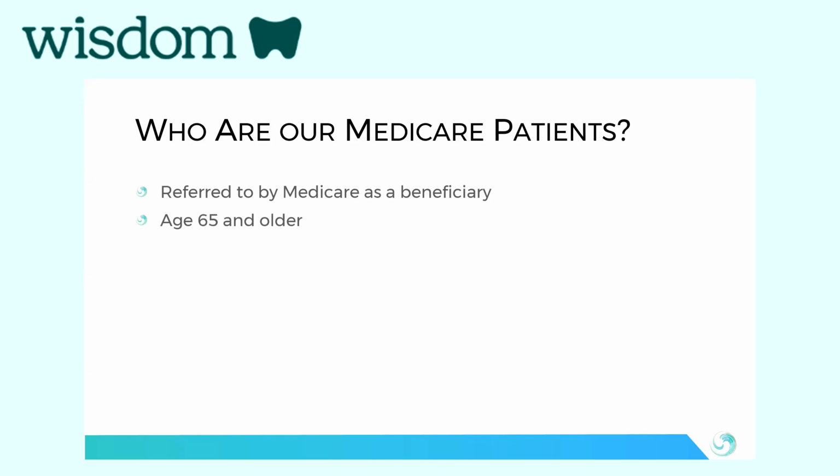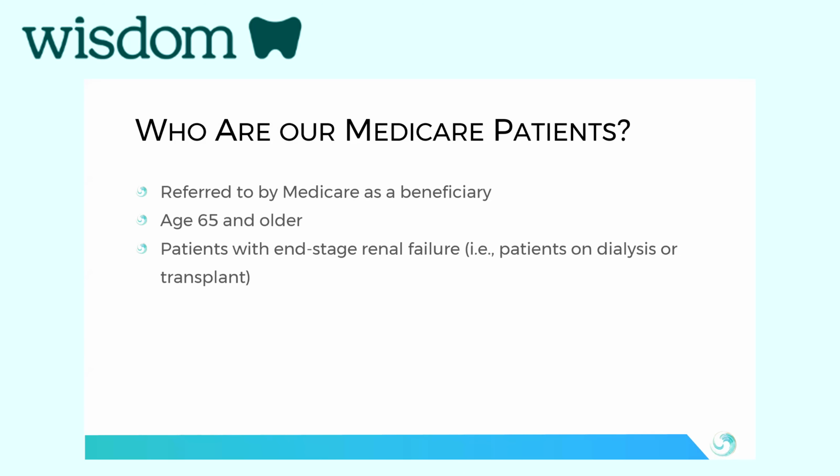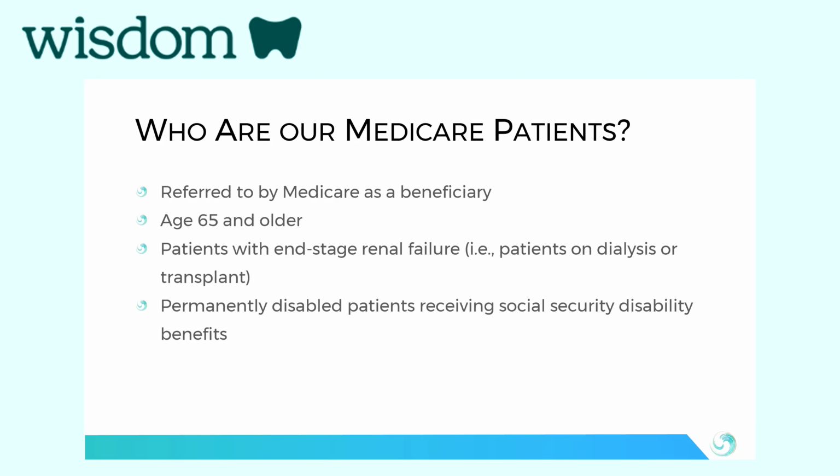Our Medicare patients are age 65 and older. Everyone who turns 65 becomes eligible for Medicare. Also, patients with end-stage renal failure. So your patients who are on dialysis or have had a kidney transplant or on the transplant list, these patients qualify and meet the requirements to be on Medicare.